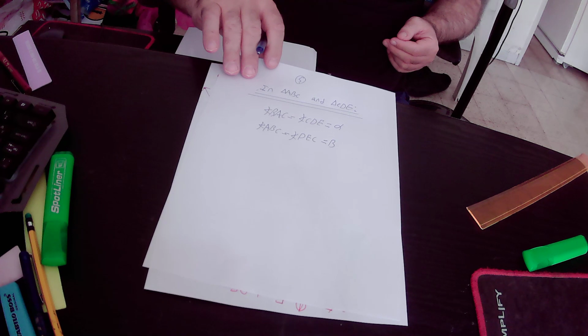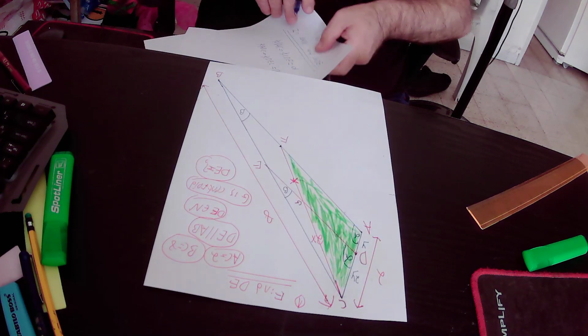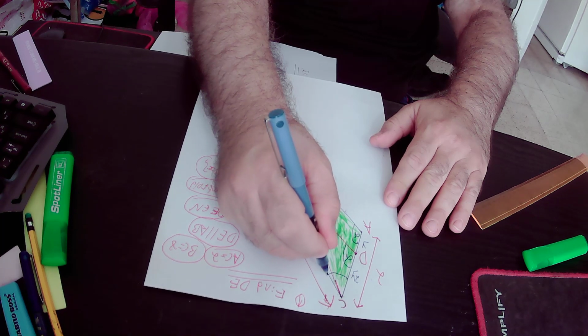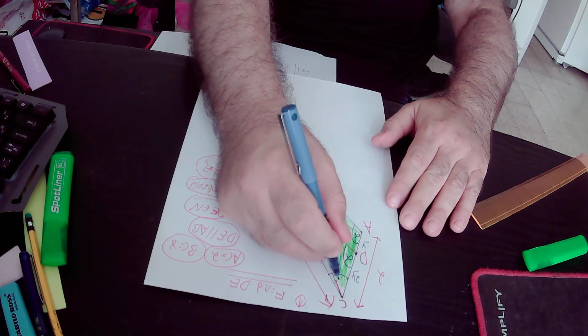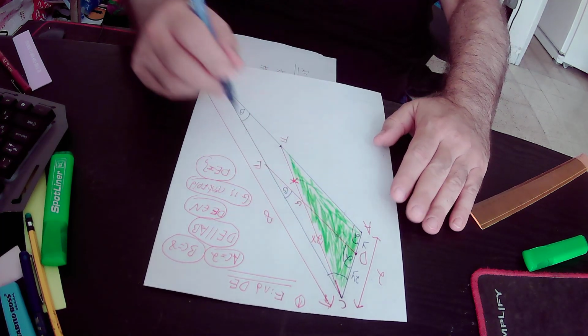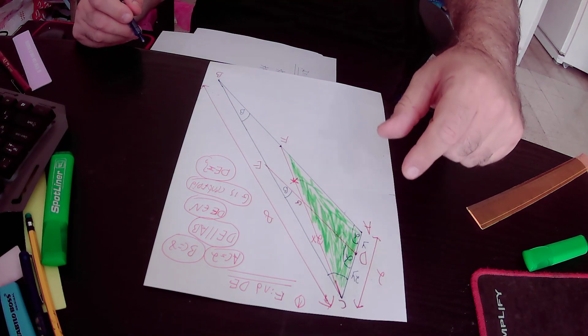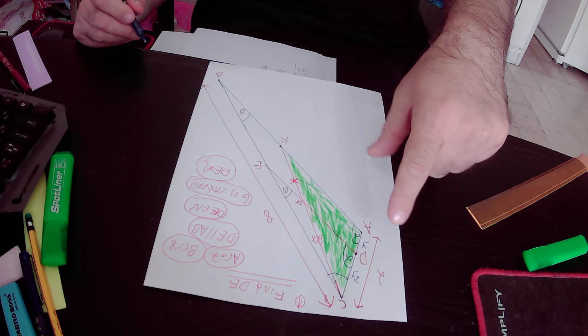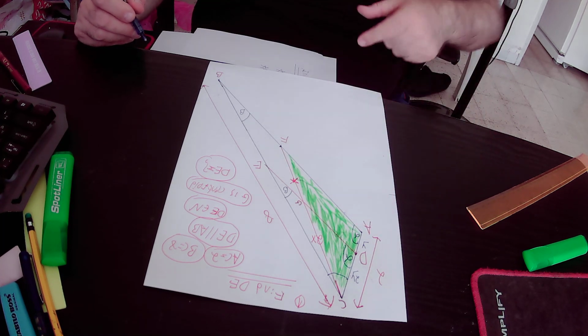And the third angle, this angle C, is a common angle because it belongs both to triangle CDE, and angle C also belongs to the big triangle, triangle ABC.